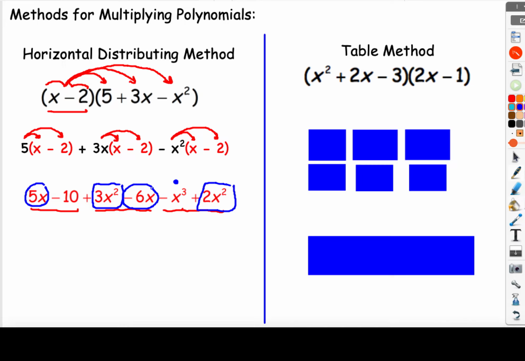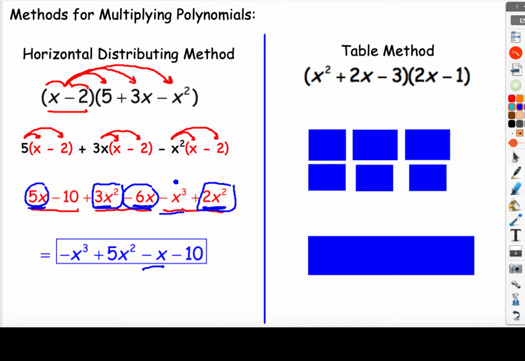So again, I'm going to start with -x cubed. We've got a 5x squared, right? We got our 2 and our 3 there. 5x minus 6x was a minus x. And then we have that constant -10 when we're done. Again, that's just adding like terms, using that horizontal distributing method, horizontal adding method when we're done. Make sure you add up all your like terms.